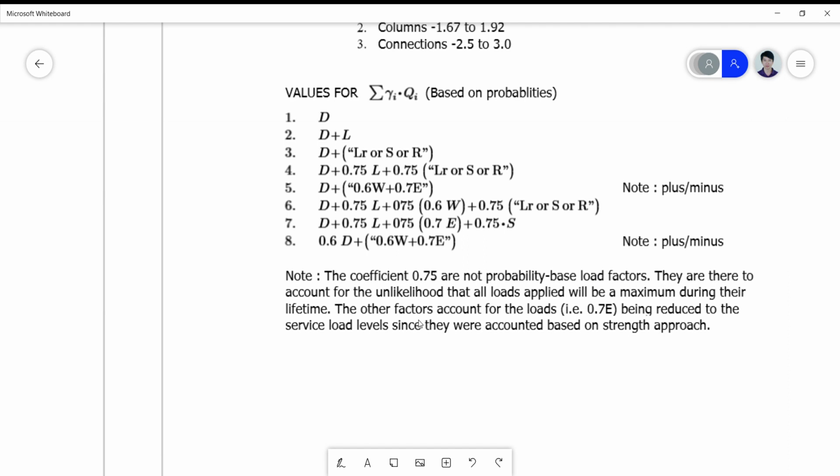Okay, so note that the coefficient of 0.75 here is still not a probability-based load factor. It is there to account for the likelihood that all loads applied will be at a maximum during their lifetime. The other factors account for the load's 70% earthquake being reduced to the service load level since they were based on the strength design approach. So this gamma i, Qi, which dictates your factors of safety, is actually a mixture of probability or statistical values and experts' opinion.